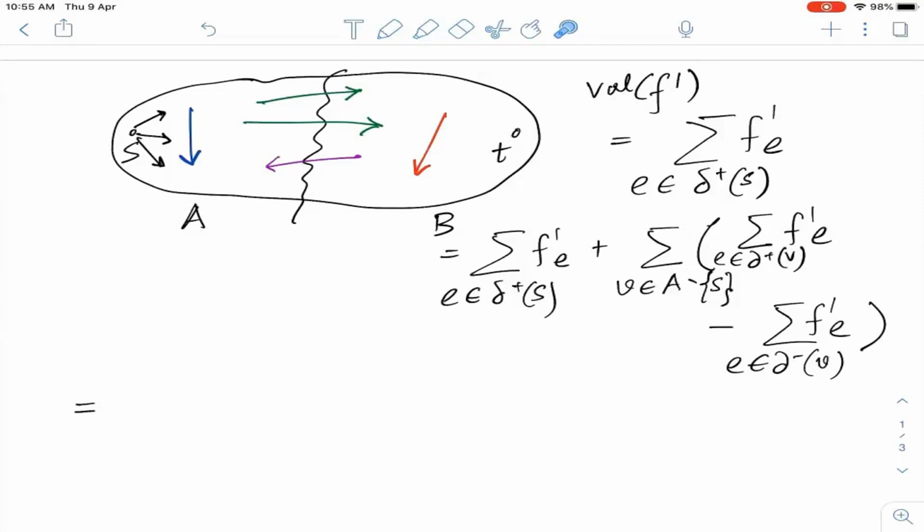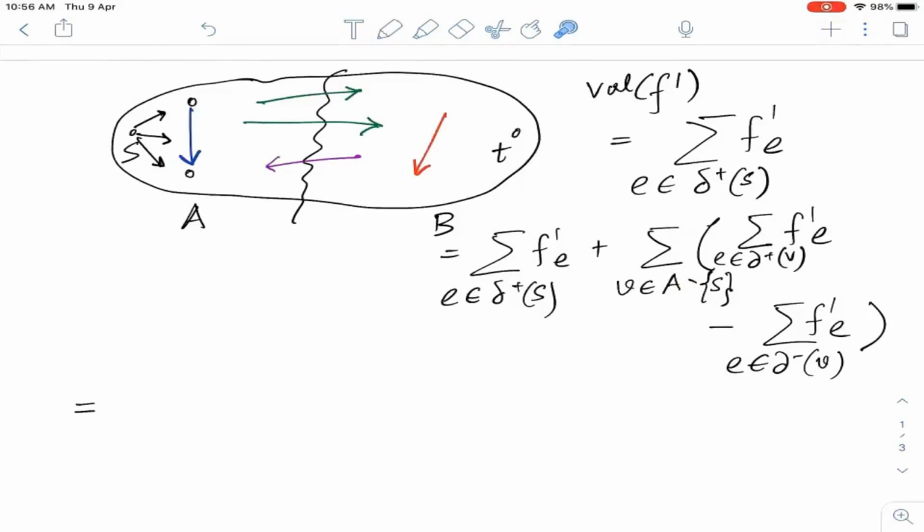And why is that? It clearly appears with a plus sign when you write the conservation constraint for this vertex. But it also appears with a minus sign when you write the conservation constraint for this vertex. So the blue edges contribute a plus f of e once and a minus f of e once. In effect, they cancel each other out.